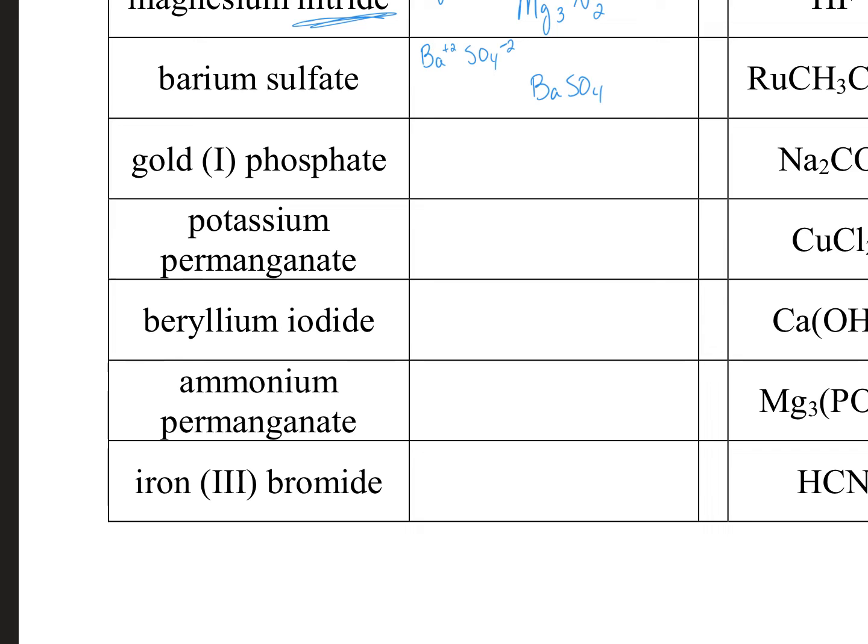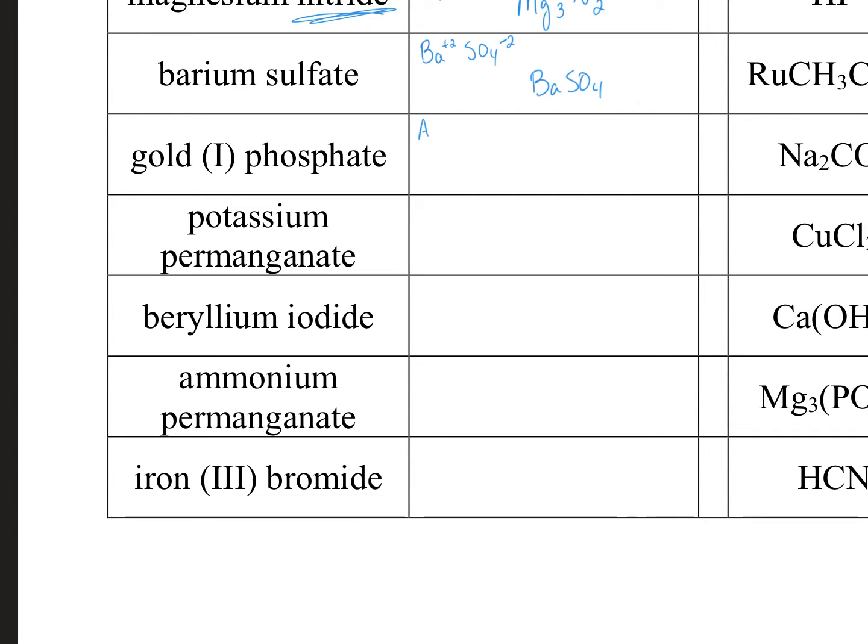Next we have gold(I) phosphate. This is a transition metal, and I just about drew it incorrectly myself. Gold is Au+1. Phosphate is PO4 3-. So this becomes Au3PO4. We can cross through potassium permanganate because we have not talked about permanganate. Beryllium iodide. Beryllium is Be2+.